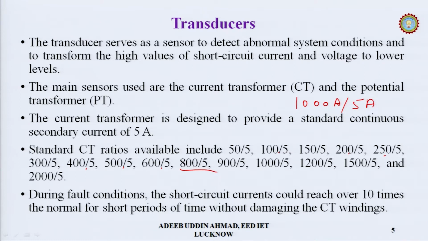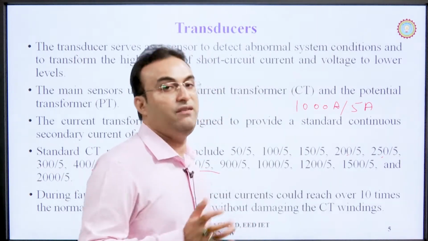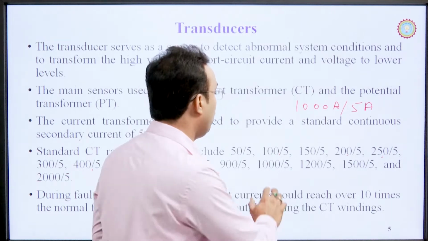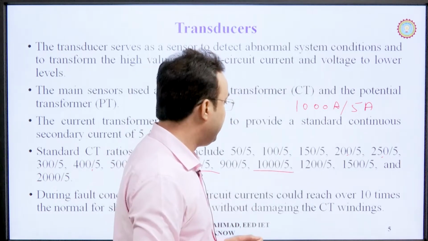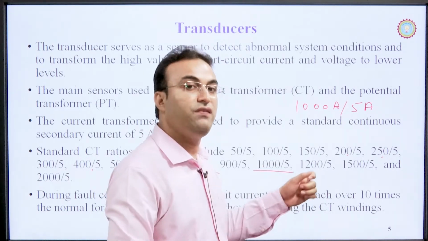An 800 by 5 rating CT means that when the primary faulty current is 800, the secondary current will be 5 ampere. That is the normal ratio. What about 1000 by 5? It means that when the primary current is 1000 ampere, the secondary current will be 5 ampere.